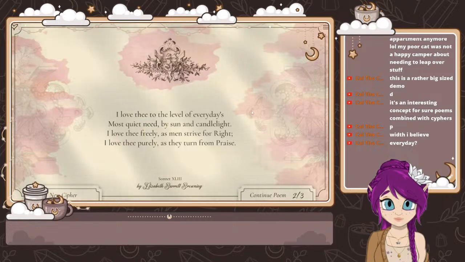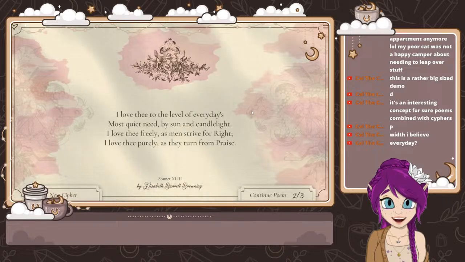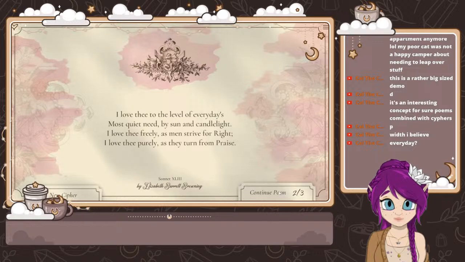Thanks, Cal. That helped. I love thee to the level of every day's most quiet need. By sun and candlelight, I love thee freely. As men strive for right, I love thee purely as they turn from praise. Oh, this is a lovely poem.